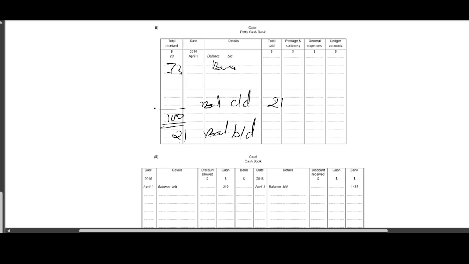And this 73 will become, here in petty cash, 77, my bad, 77.